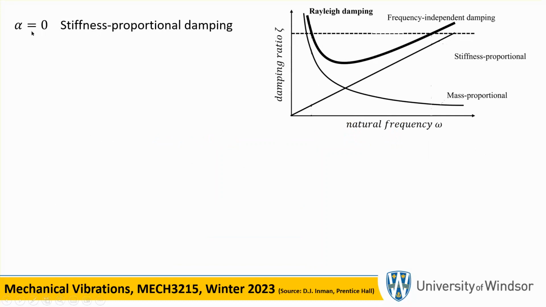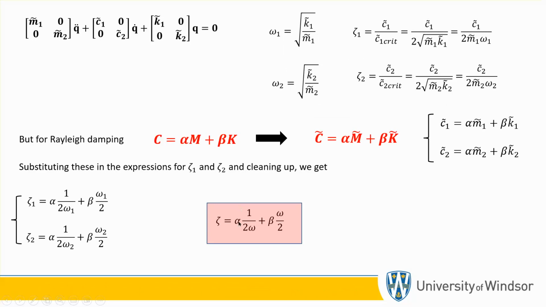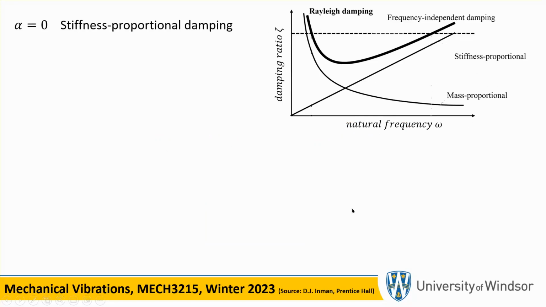Notice that when alpha is 0, zeta is simply beta times omega over 2. So it's a linear function of frequency, right there. This is the case where alpha is equal to 0.